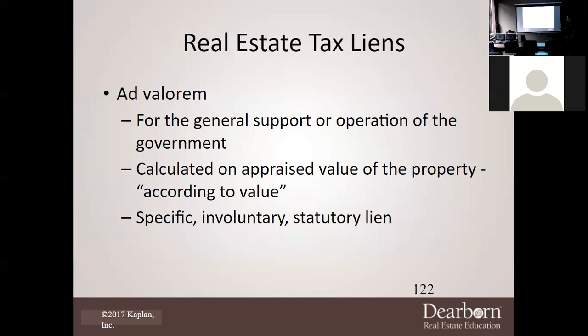It's going to be a specific involuntary statutory lien because it attaches to one particular thing. Do you voluntarily choose to pay taxes? No. And is it the law that you have to pay your taxes? Yes. So it's a specific involuntary statutory lien.